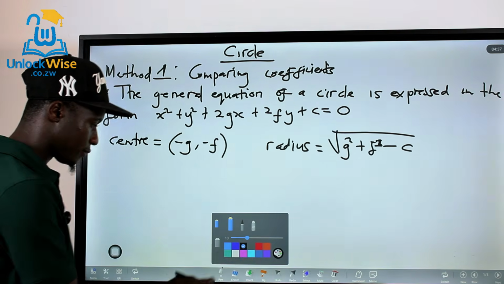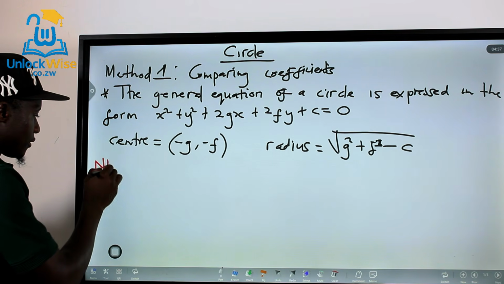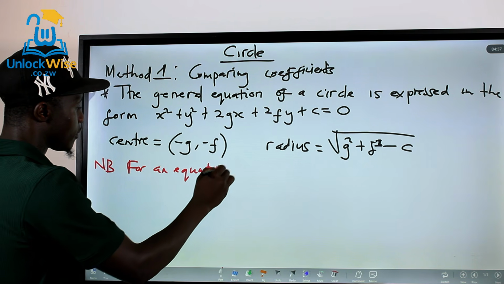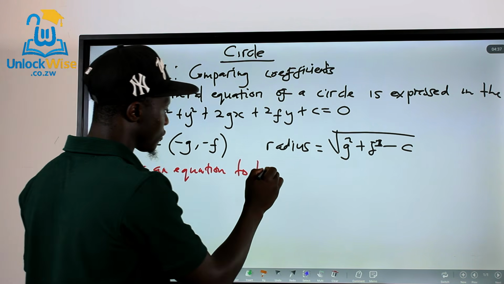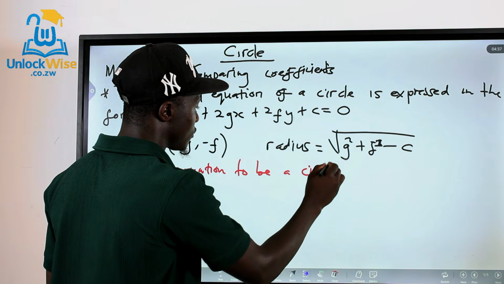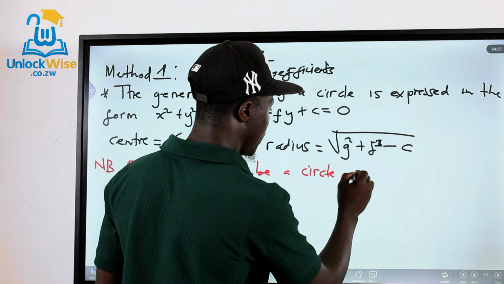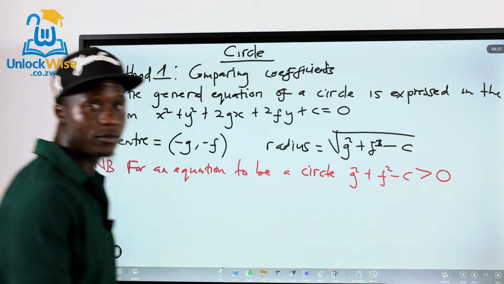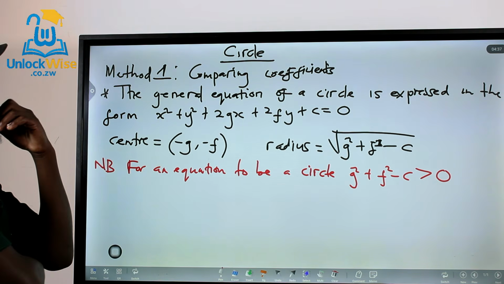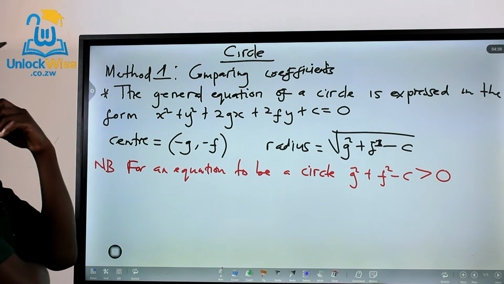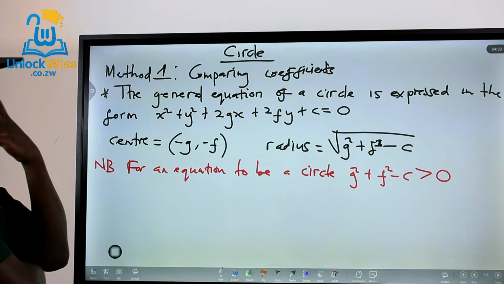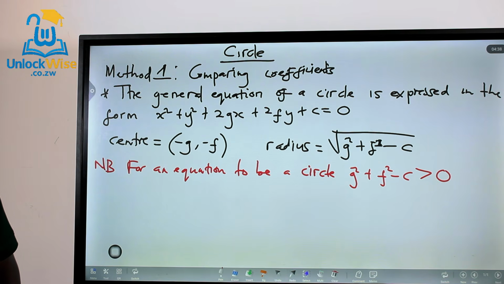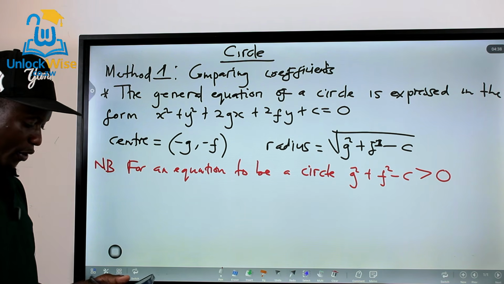But note, for an equation to be a circle, g squared plus f squared minus c should be greater than 0. This is all you need to understand. So now I will look at a question.